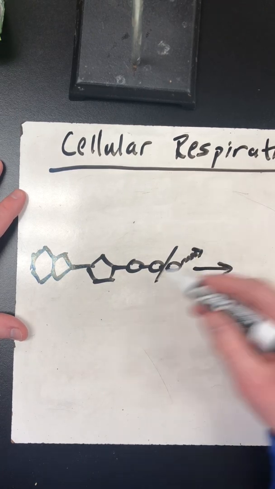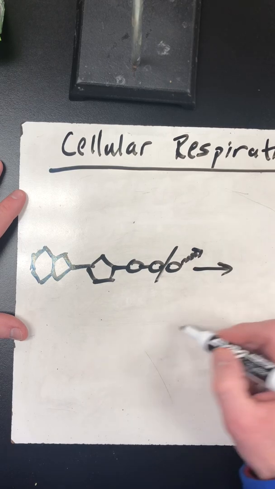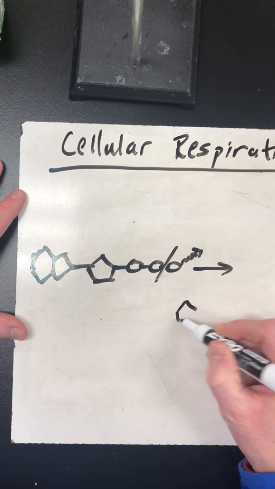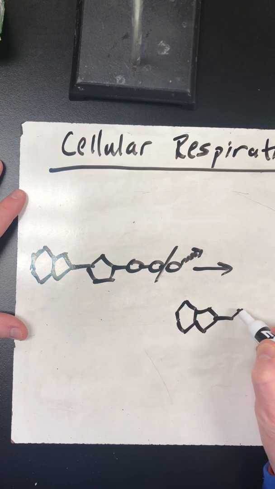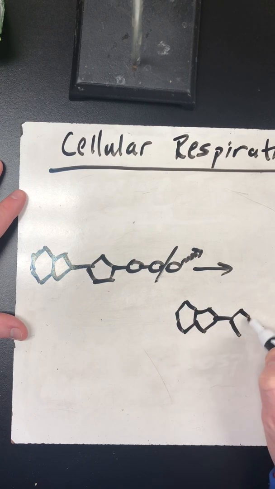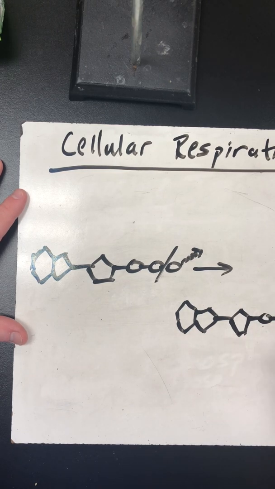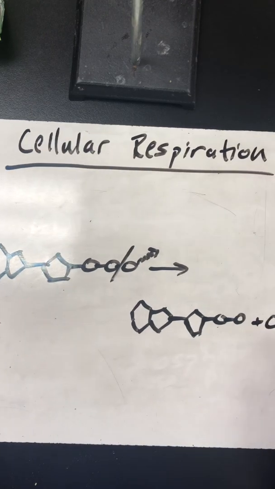Well, now this gives me an ADP. I got to draw it down here. An ADP plus this little phosphate floating around out there. When I did this, this released energy that allows me to work. So how did I release the energy from it?